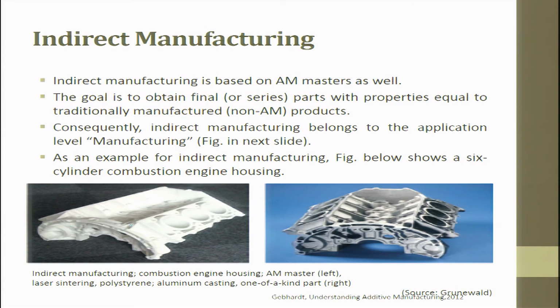As an example of indirect manufacturing, the figure below shows the 6-cylinder combustion engine housing completely made. So, this is completely made through an additive manufacturing master. So, indirect manufacturing, combustion engine housing: additive manufacturing on the left side, and the laser sintered polystyrene aluminum cast one of a kind part on the right side.